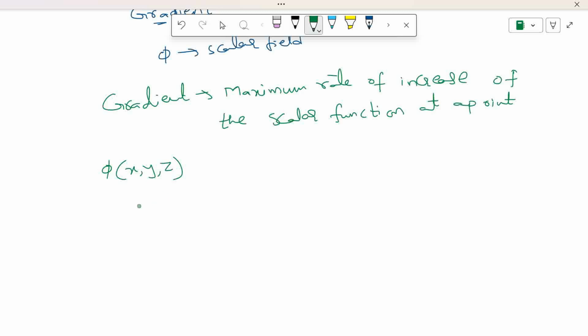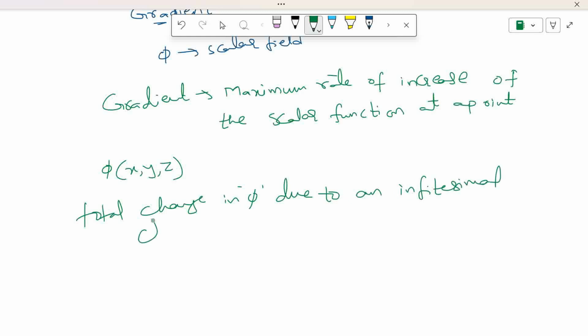So we have seen the differential length. For a change in differential length, what will be the change in phi, making the total change in phi? dr is equal to dx, dy, dz.